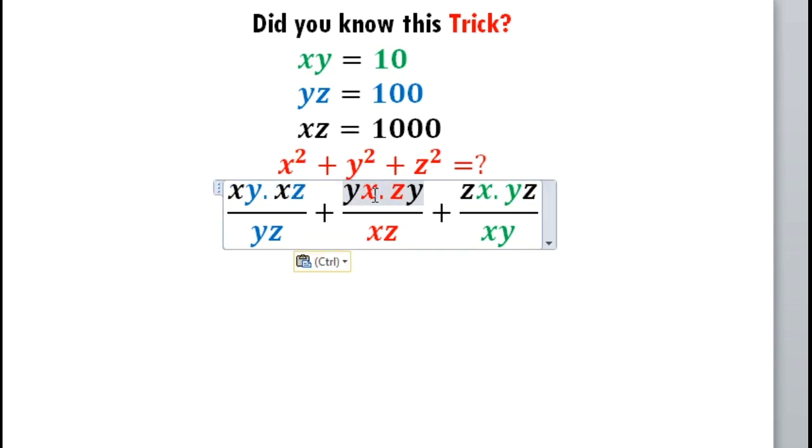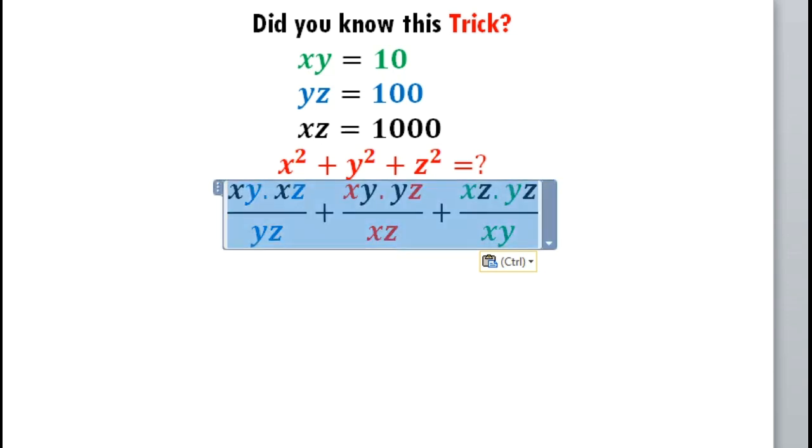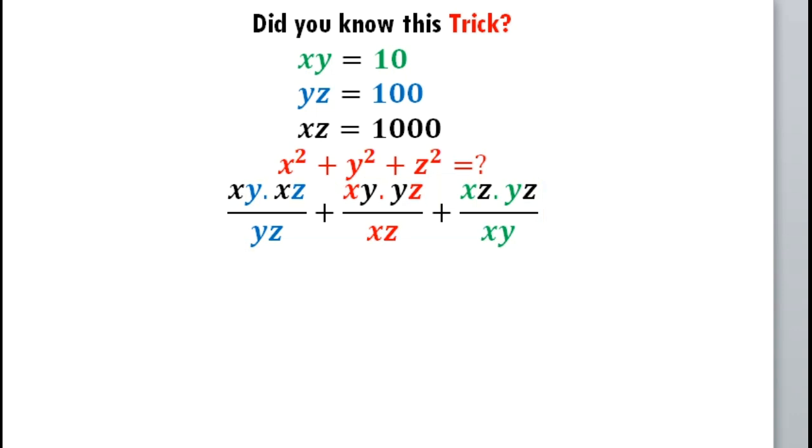Here yx, if you rearrange alphabetically, you start with x, so we have xy. Zy, if you rearrange, you will have yz. You arrange in a manner in which the above equations are obeyed. So here we have zx, you can rearrange by starting with x, so that we have xz, because we have xz in the equation there. Then yz is already rearranged.